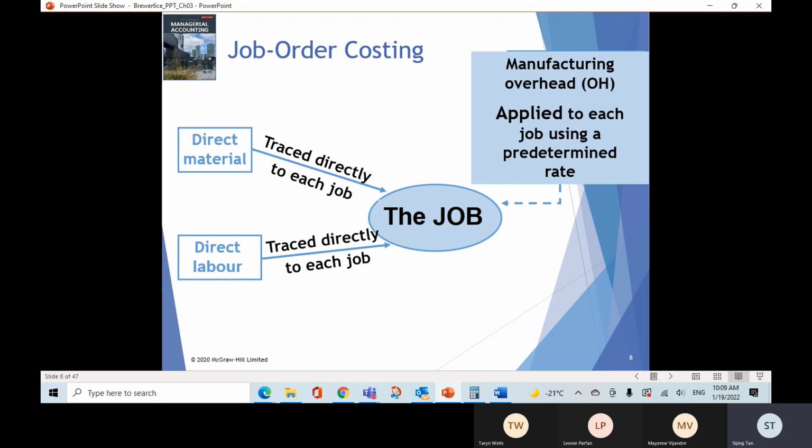Those are traced directly to each job as the work is performed. Then the manufacturing overhead, including indirect materials and indirect labor. Those costs are allocated to jobs rather than directly traced to each job. Okay, so that's why we apply overhead to each job using a predetermined rate.